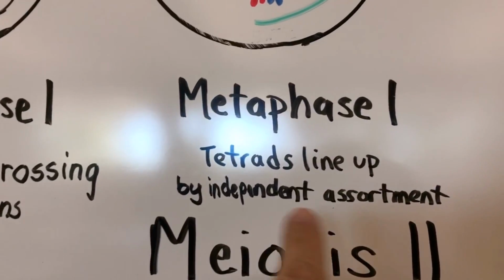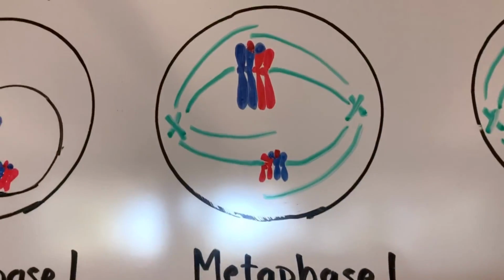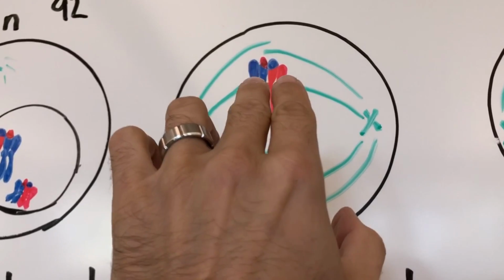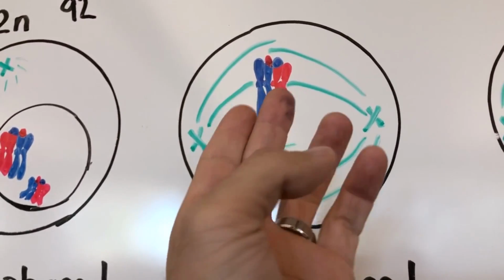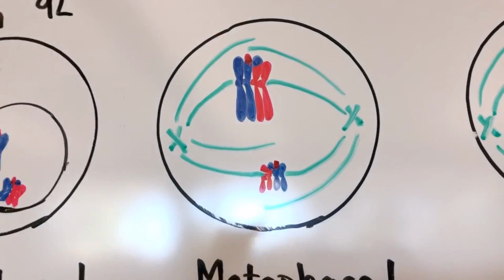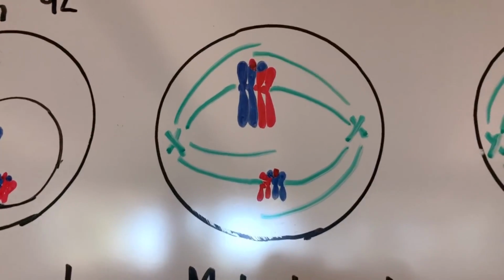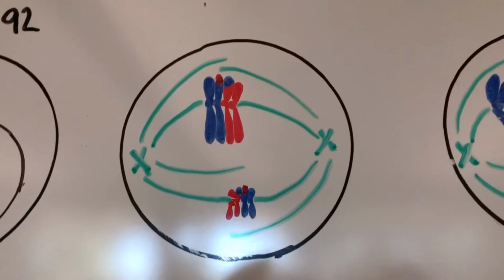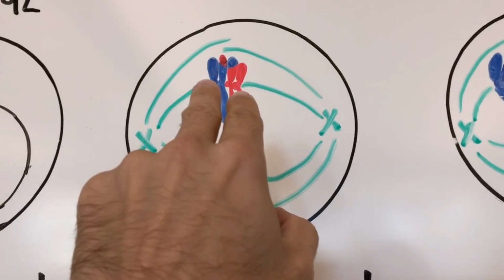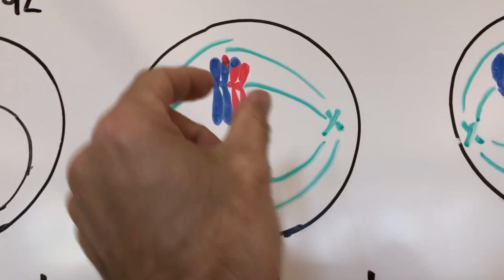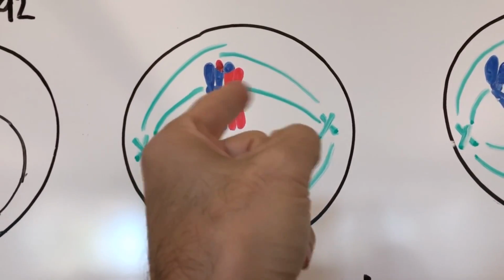And what does that mean, independent assortment? Independent assortment means each tetrad has a 50-50 chance of lining up this way or the other way. See the way the first tetrad lined up? It lined up with the blue chromosomes on the left, or the paternal homologs on the left. Well, that tetrad could have very well lined up the other way with the blue ones on the right.